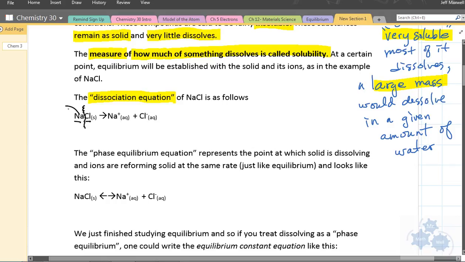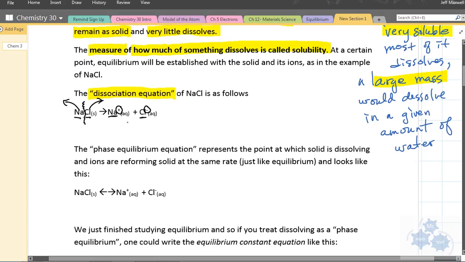Just Na and Cl split, and they still remain Na and Cl. So it's a dissociation. And of course, the other thing you want to look for in a dissociation reaction, usually there's ions left in solution.